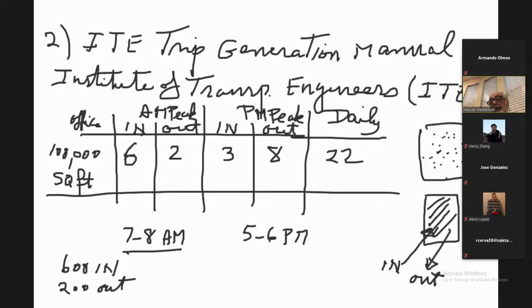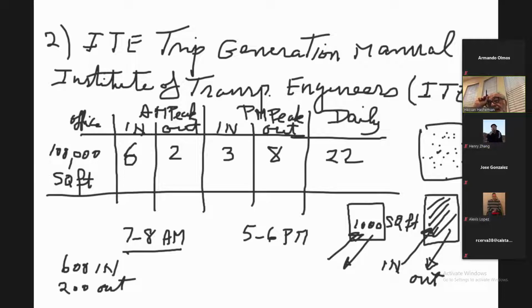So if I'm building a McDonald's, which is 1,000 square feet, if I go to the trip generation manual, I can figure out how many trips are going into that McDonald's in the morning, how many coming out, and the same thing in the afternoon.